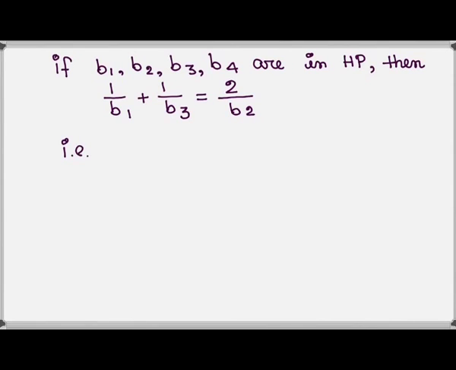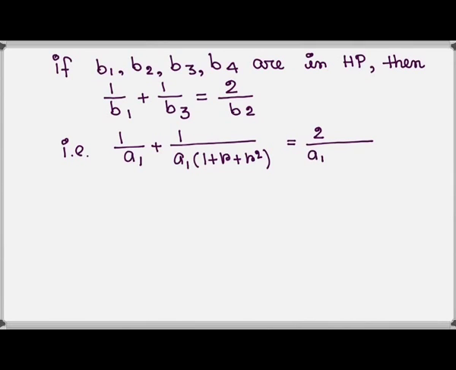That is, we shall have 1 by a1 plus 1 by a1 into 1 plus r plus r square is equal to 2 by a1 into 1 plus r.